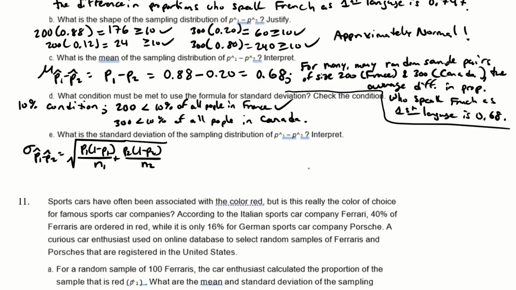So we got p1 is 0.88 times 1 minus 0.88, which is 0.12, and then we had 200 people there. And then this one was 0.20, 1 minus 0.20 is 0.80, divided by n2. How many people were there? 300. Okay, so the standard deviation is about 0.033. And they want you to interpret that.